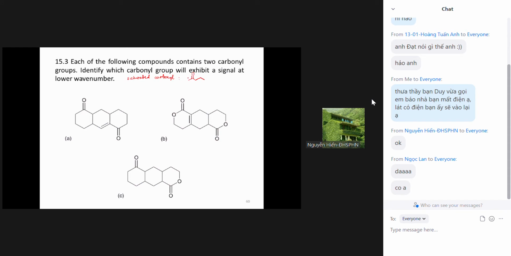It does not have any double bond next to the carbonyl group. And then you have unsaturated conjugated ketones. In this case, you have a CC double bond in conjugation with a CO double bond.